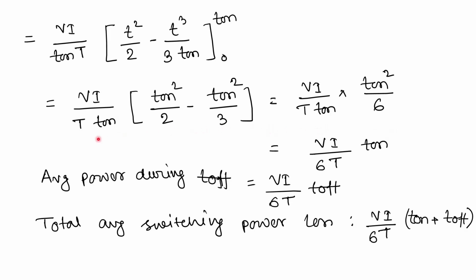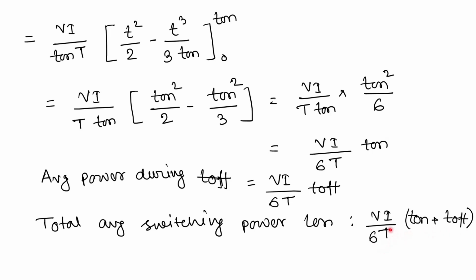In a similar manner, we can calculate the average switching power loss during the small t off time period, when it goes from on state to off state. Similarly, it comes as VI by 6 into t off. Now we get the total average switching power loss by adding these two. So it is VI by 6T into t on plus t off.